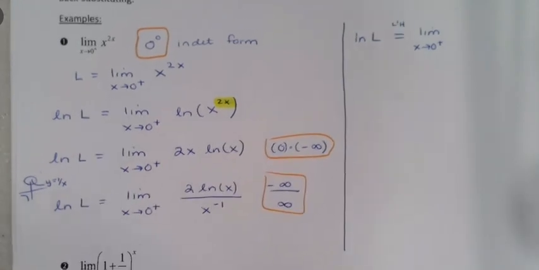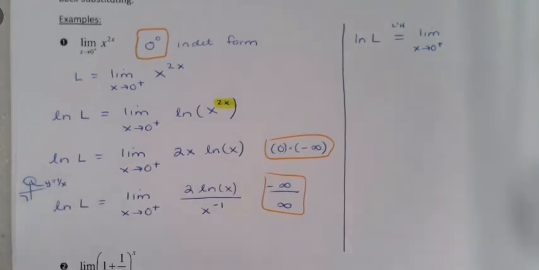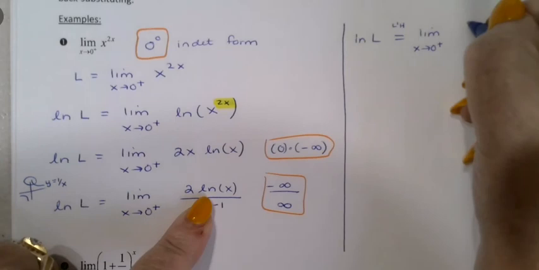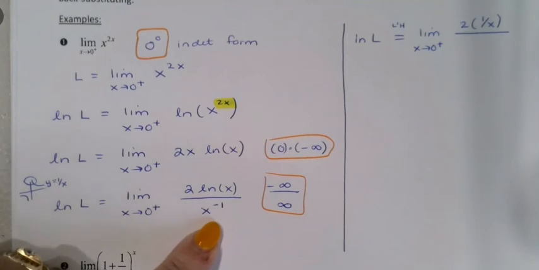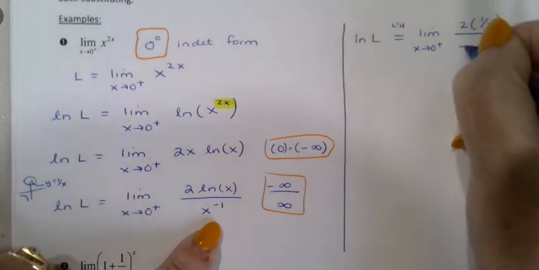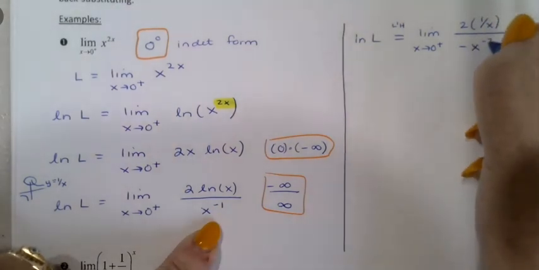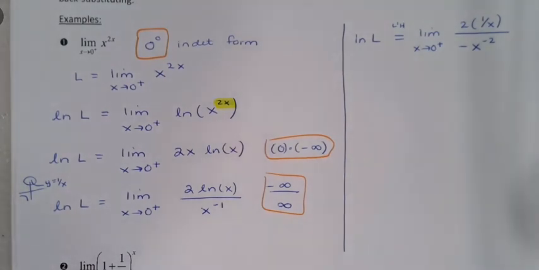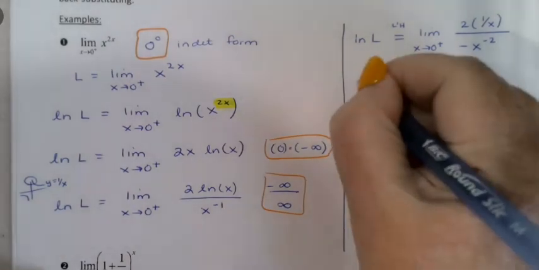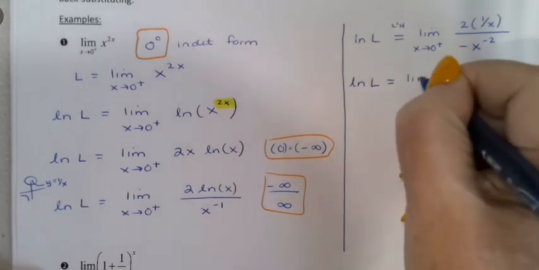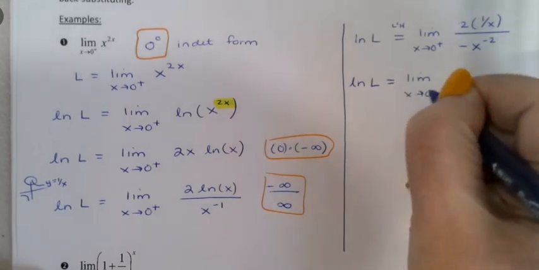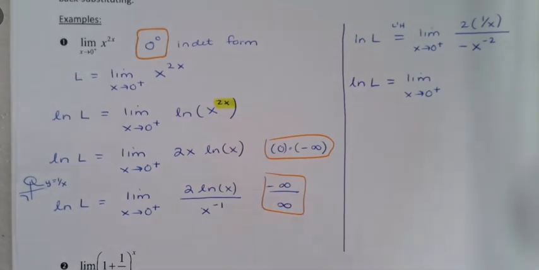If I'm using L'Hopital's rule, I can now say the derivative on the top would be 2 times 1 over x. And the derivative on the bottom would be negative x to the negative 2. All right, I'm going to do a little bit of algebra here.